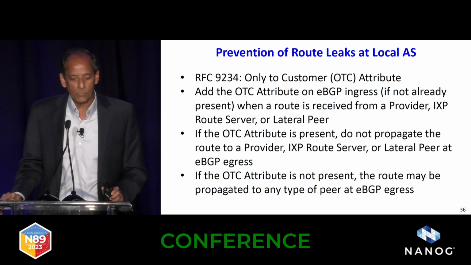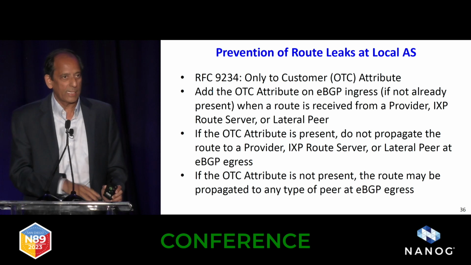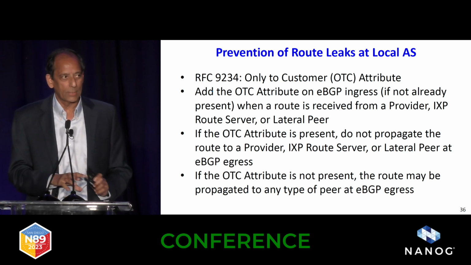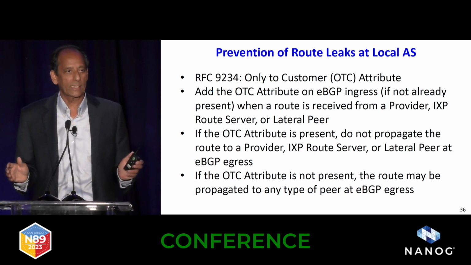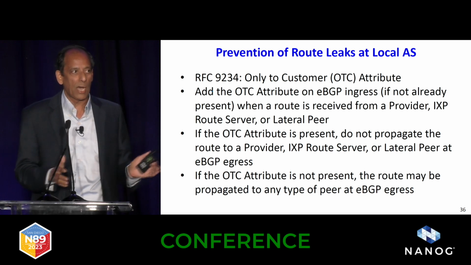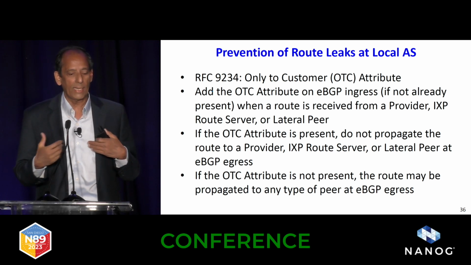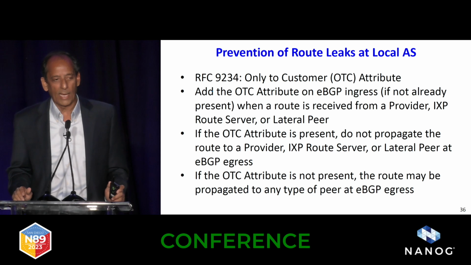ASPA doesn't provide us that capability. It allows us to detect the route leak somewhere else in the path. But at my own AS, I need to make use of RFC 9234 to be able to detect that.